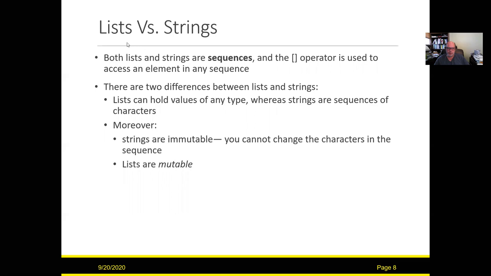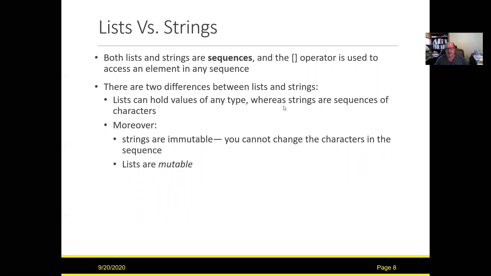Strings and lists have differences and similarities, and they have things right after each other. The biggest difference is that a list can have any type in it. That's another thing you want to know about lists, that you can mix it up.